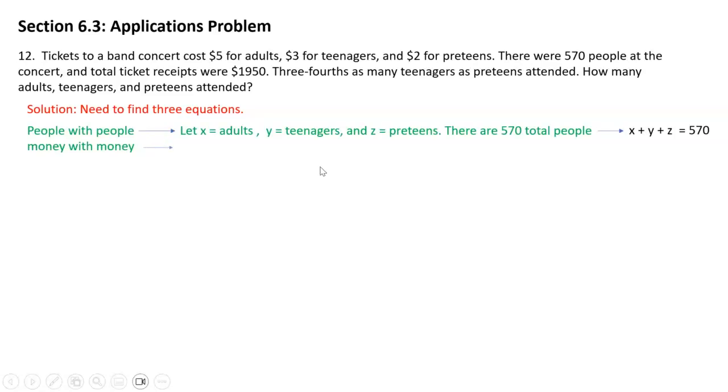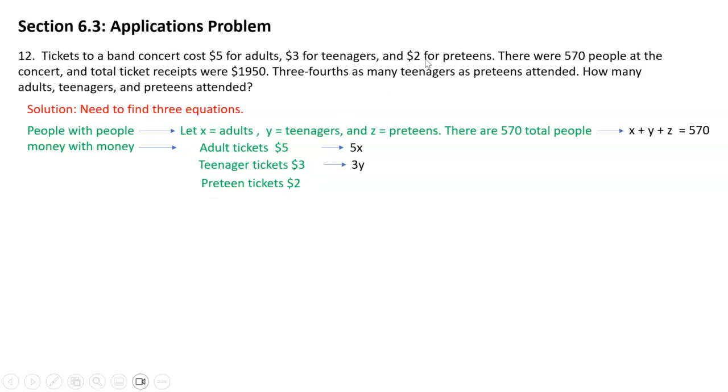Now equation number 2. If adult tickets cost $5 and x represents adults, this will give us 5x. If teenager tickets are $3 and y represents teenagers, it is going to give us 3y.